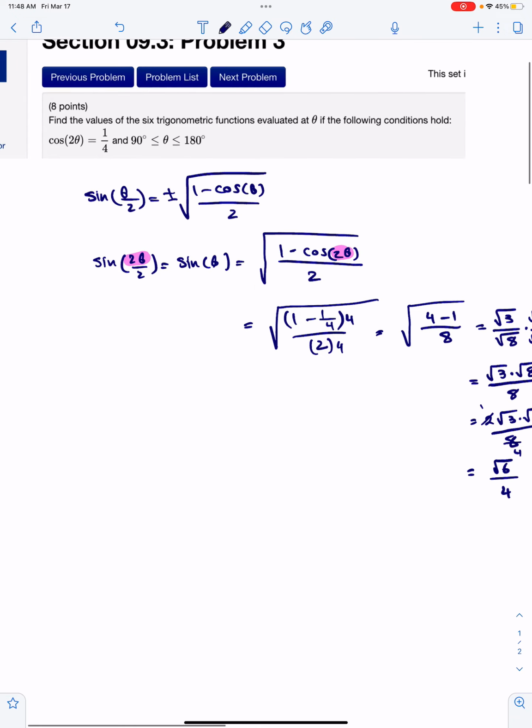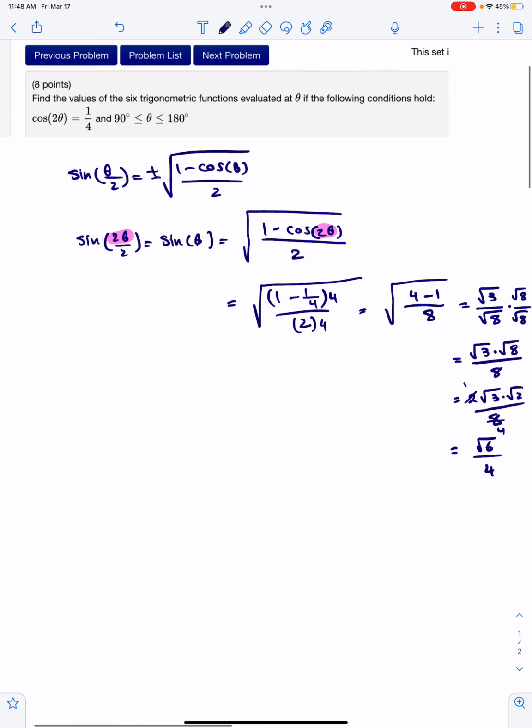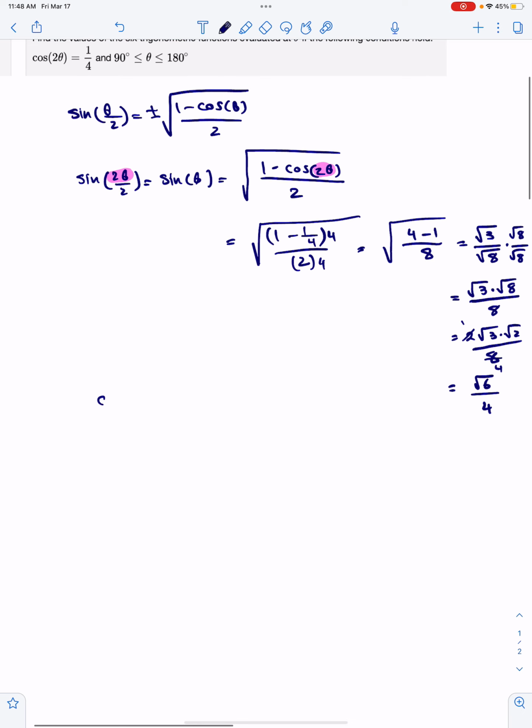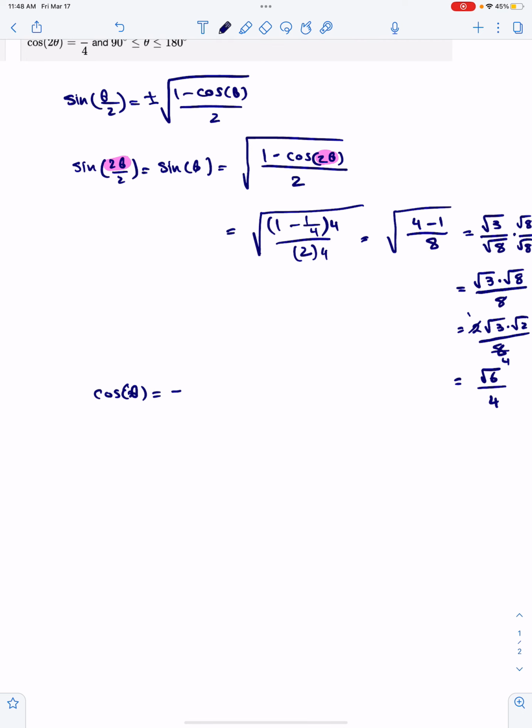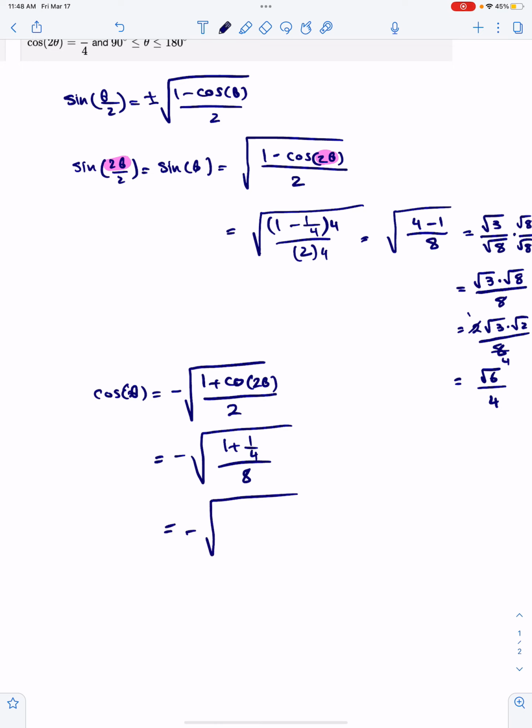For the second part, we will need to find cosine theta. Same manner, so this is equal to, cosine is negative in the second quadrant, negative square root of 1 plus cosine 2 theta over 2, which is going to be negative square root of 1 plus 1/4 over 2. Again, this is equal to square root of, not 8 here, that is 2.